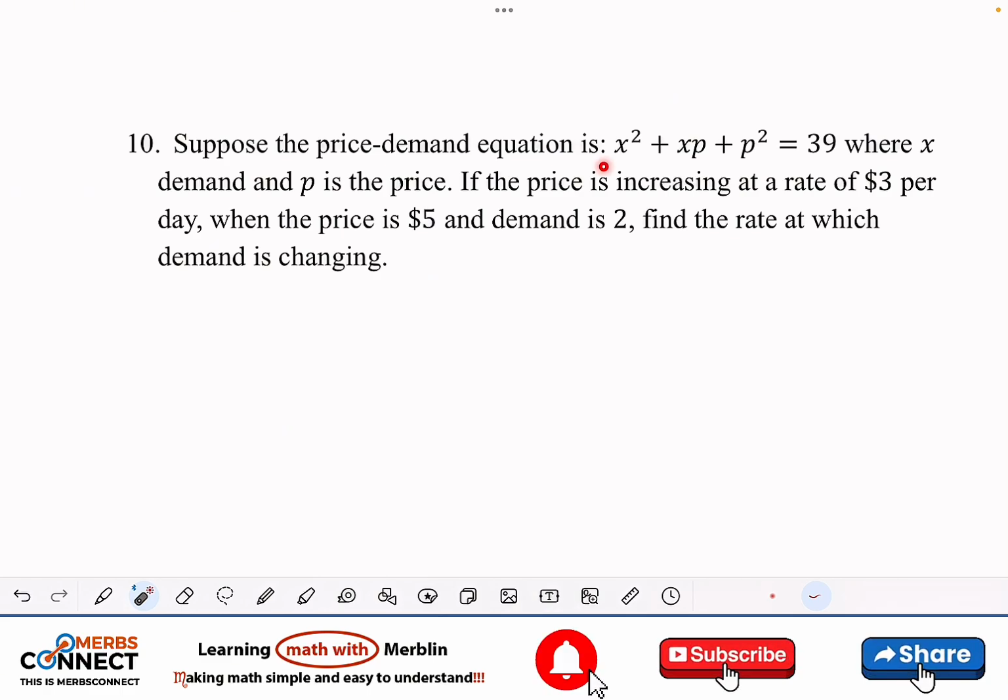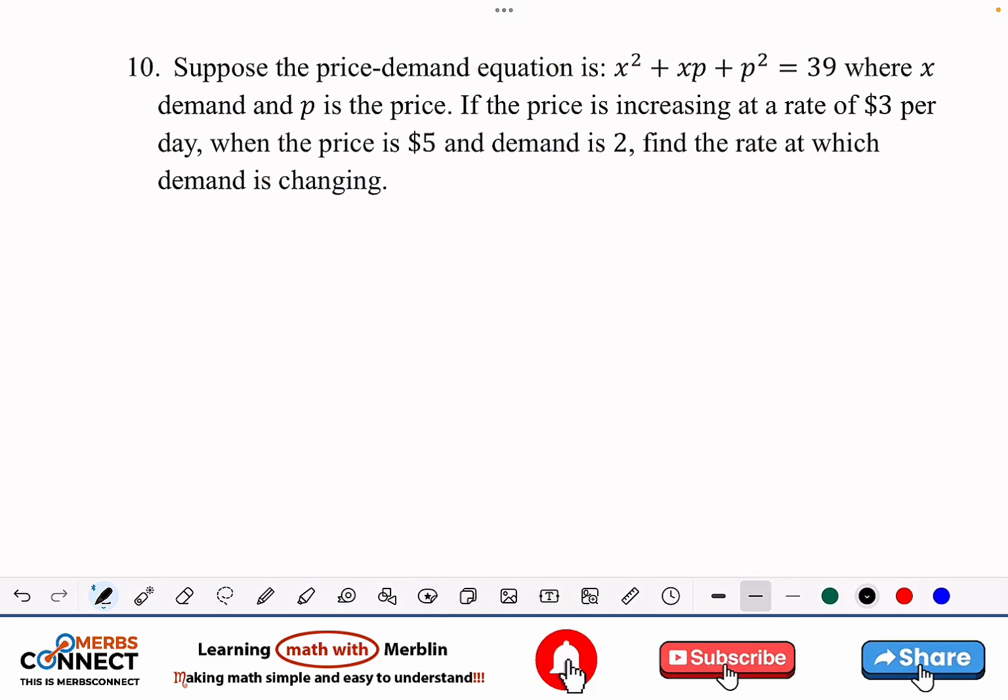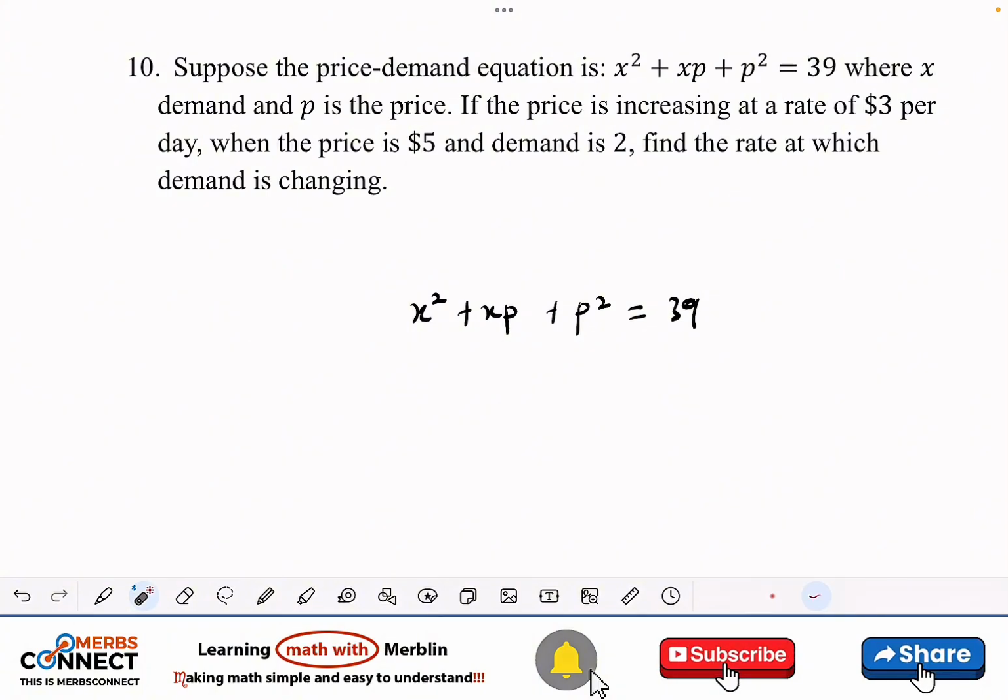Suppose the demand equation is this. Let me write it down: x squared plus xp plus p squared is equal to 39, where x is quantity and p is price. If price is increasing at a rate, increasing means it's going to be positive, and at a rate means there is a change.